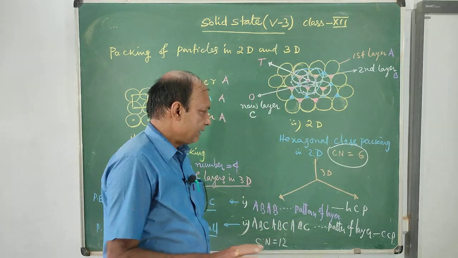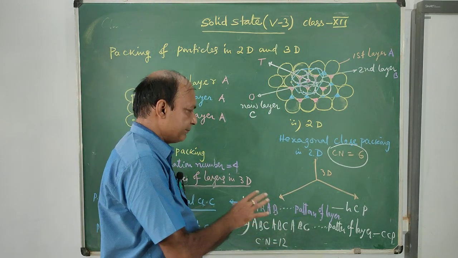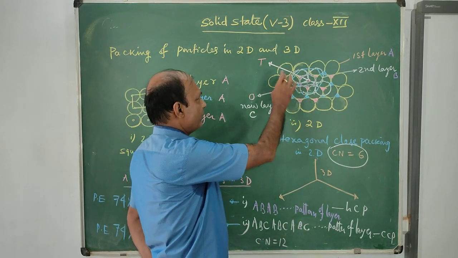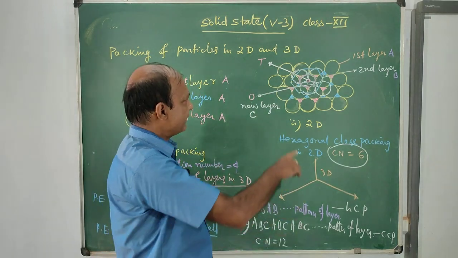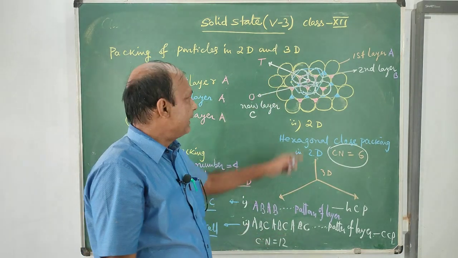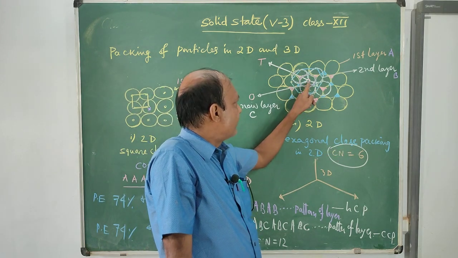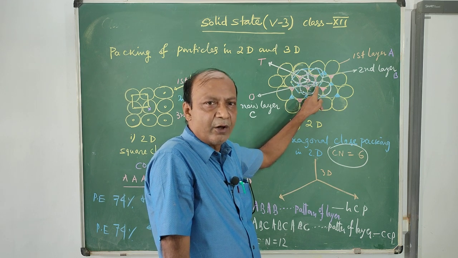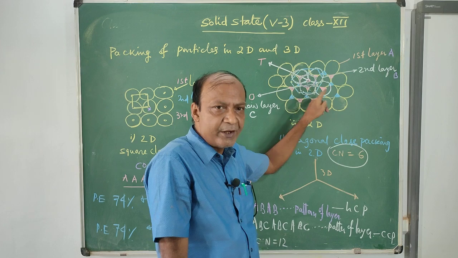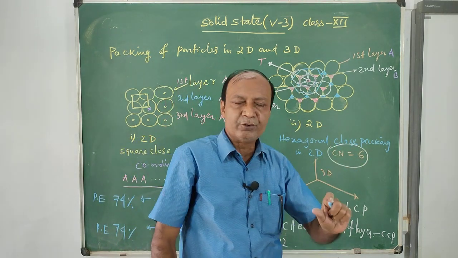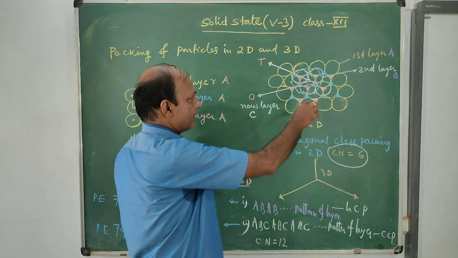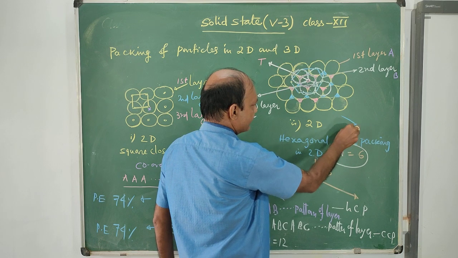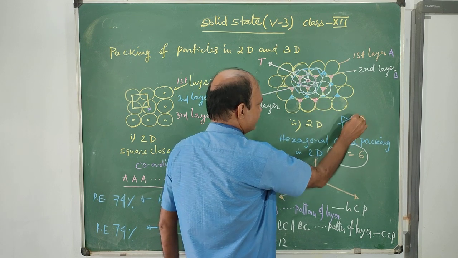Okay, it is now clear what the differences are and what the similarities are. You will try to draw this figure, and after drawing it you will take the help of your NCERT book. There you will find that T and O are different. T is formed just above the center of a particle of the first layer. O is formed where there is no center below it. This is the triangular depression of the first layer, and this is the triangular depression of the second layer.